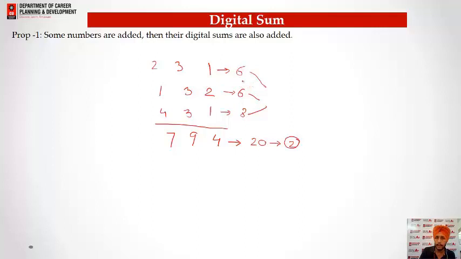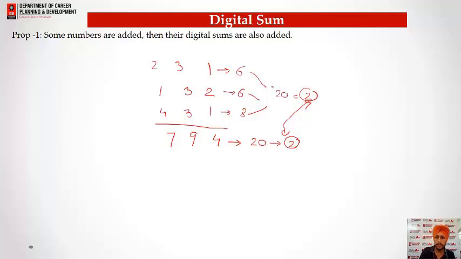So 6 plus 6 is 12, 12 plus 8 is 20, and the digital sum of 20 is 2. So our property holds, because our digital sums are the same.